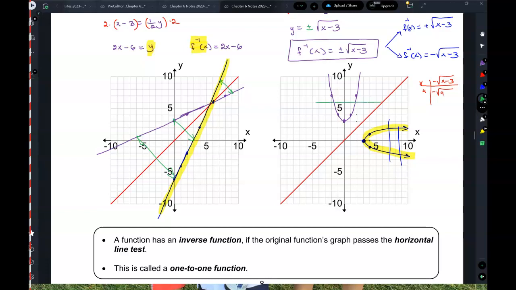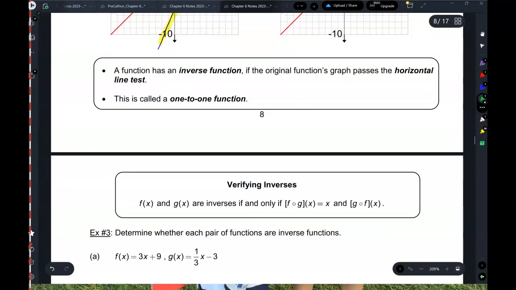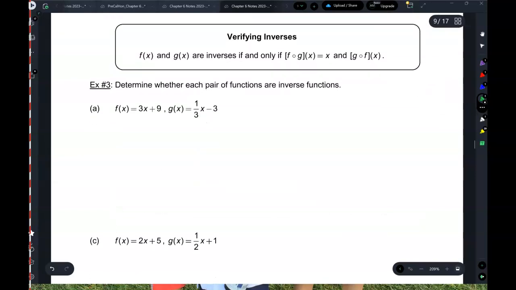Does this pass the horizontal line test? It fails because the horizontal line crosses the graph more than once. If it fails the horizontal line test, it means its inverse will not be a function. More about that in a little bit.